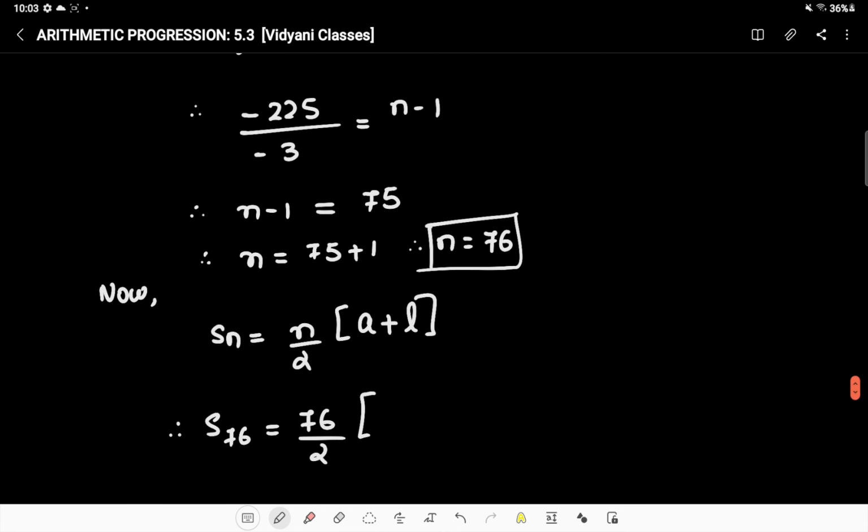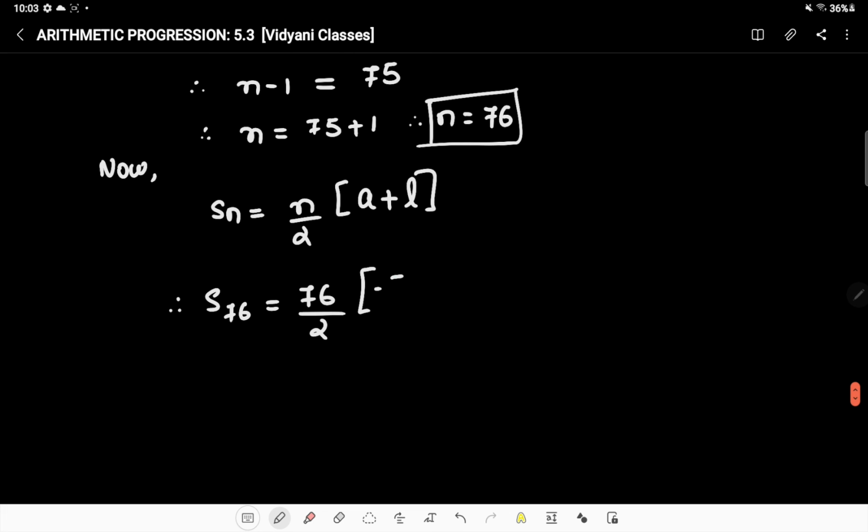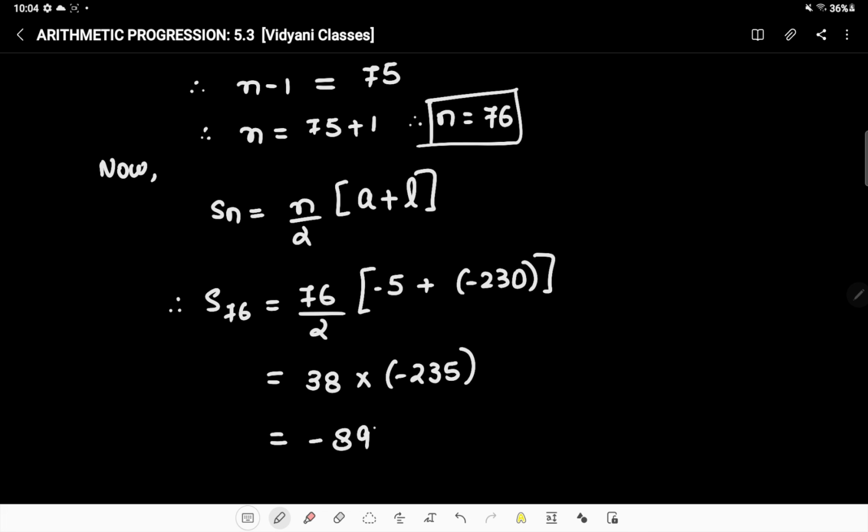Minus 5. The value of l is minus 230. So this is going to be 38 into minus 5 minus 230, that means minus 235. If you do the calculation, it will come out to be minus 8930. So this will be my answer.